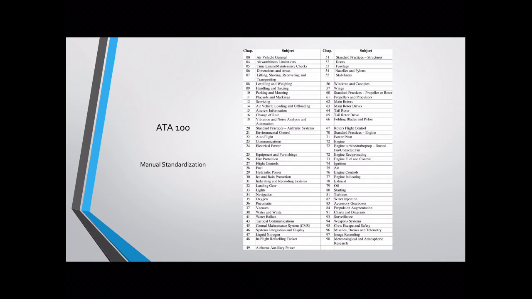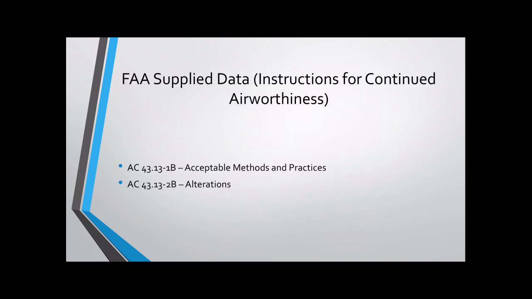It may be that the term they're searching for is not the specific term that the manufacturer uses when addressing a specific topic. So they may feel like they haven't found any information, where the manufacturer may go into great detail but just using different terms than were expected. So understanding where information is located and how to locate it using a table of contents or the ATA system is going to be very, very helpful as you start looking at more information with aircraft.